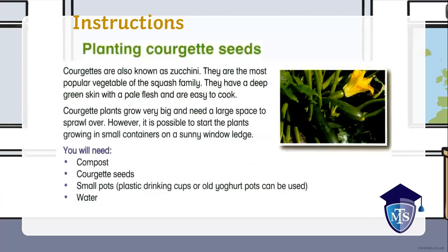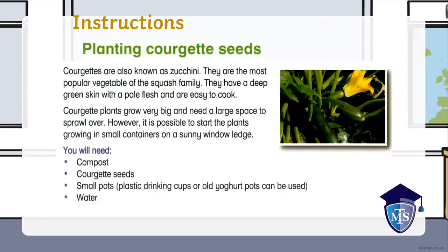It's an information introduction that I use to arouse the interest or hook my reader. Courgette plants grow very big and need a larger space to sprawl over. However, it's possible to start the plants growing in small containers on a sunny window ledge.